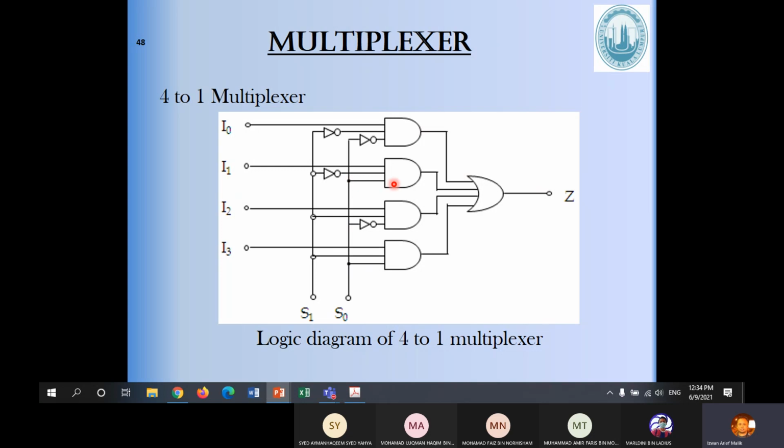So AND gate, the operation is equivalent to multiplication. Whenever you multiply with 0, the output will become 0. So sebab tu bila kosong-kosong, hanya first gate ni sahaja yang akan ada output. Yang lain ni tak ada sebab dekat sini akan masuk kosong. Both of the S0 and S1 ni akan jadi kosong untuk the last one. So whenever there is 0, output will be 0 for AND gate. So that's why bila kosong-kosong, yang ini yang akan jadi high, iaitu I0.